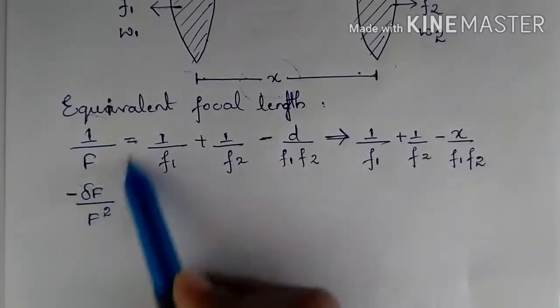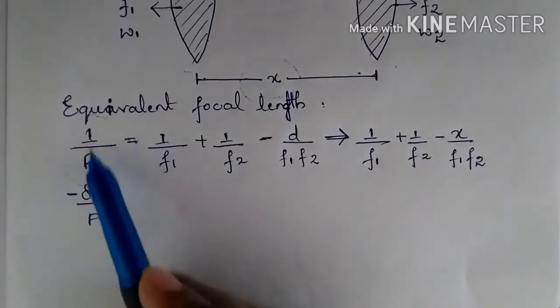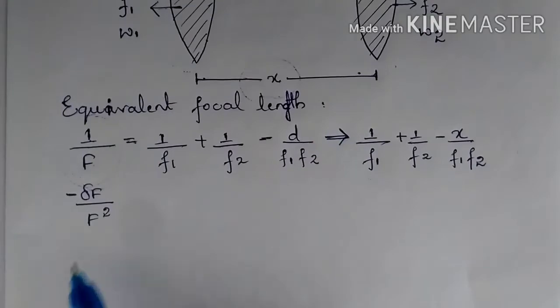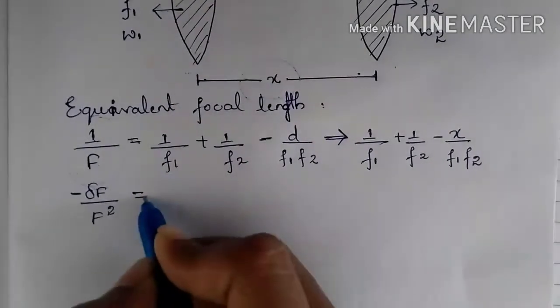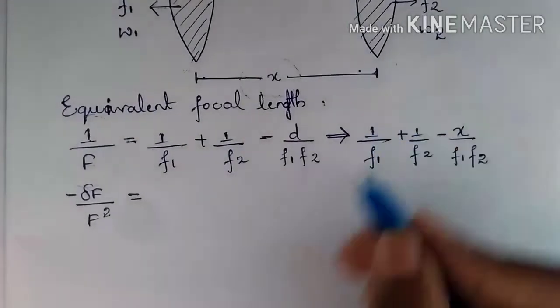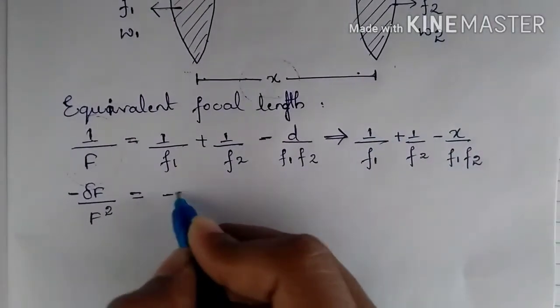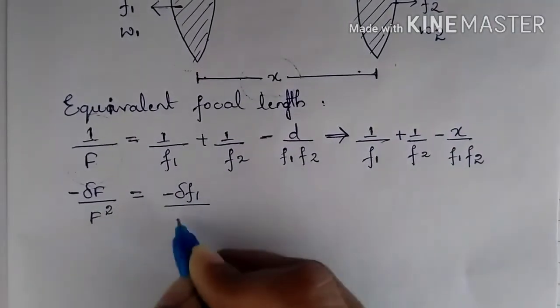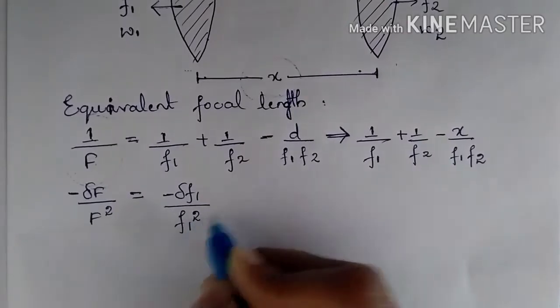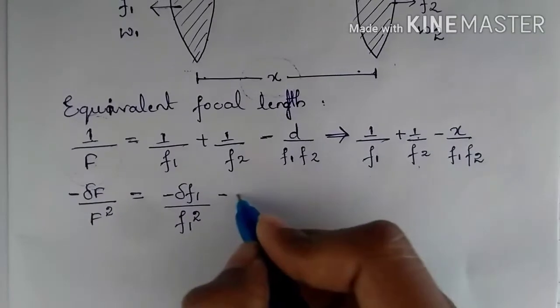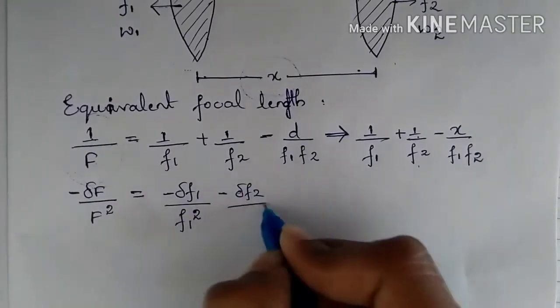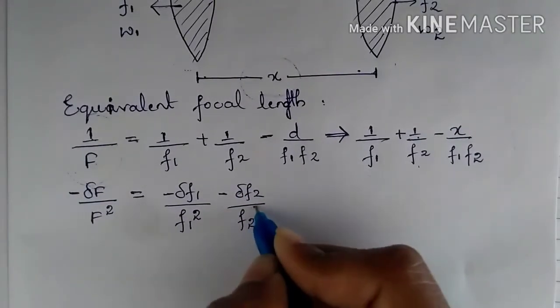So here 1 by f is there, so differentiation of 1 by f is minus delta f by f square. This is equal to, here 1 by f1 is there, similarly you can write minus delta f1 divided by f1 square, minus, since 1 by f2 is there, delta f2 divided by f2 square.